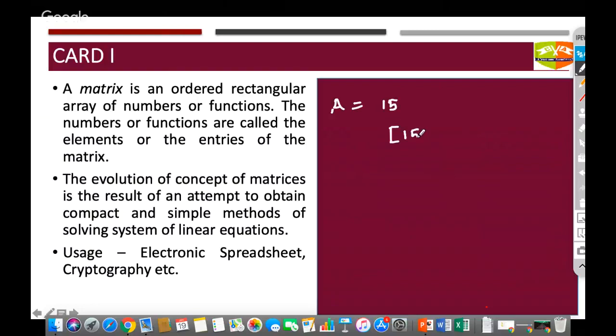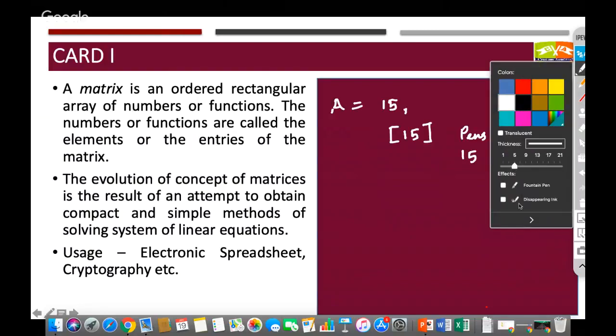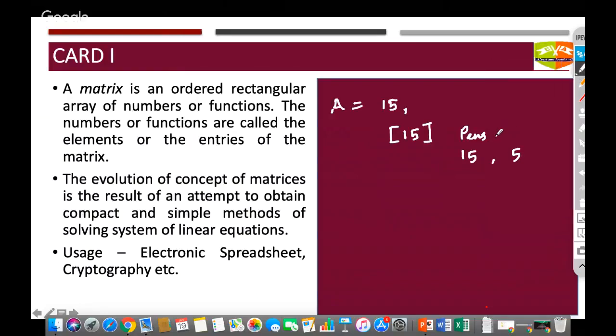You draw a square bracket and write like this. If somebody has 15 pens and 5 notebooks, these are the number of pens and these are the number of notebooks. So you write 15 here and 5 here.